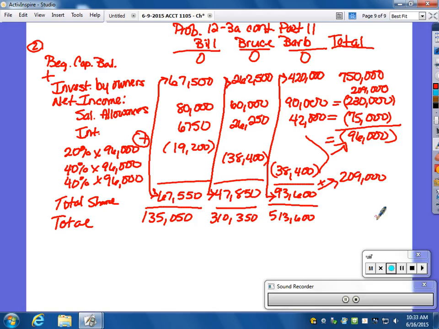And 209 added to the 750,000, which was the total equity invested, gives us how much? 750,000 plus 209,000, 959,000.